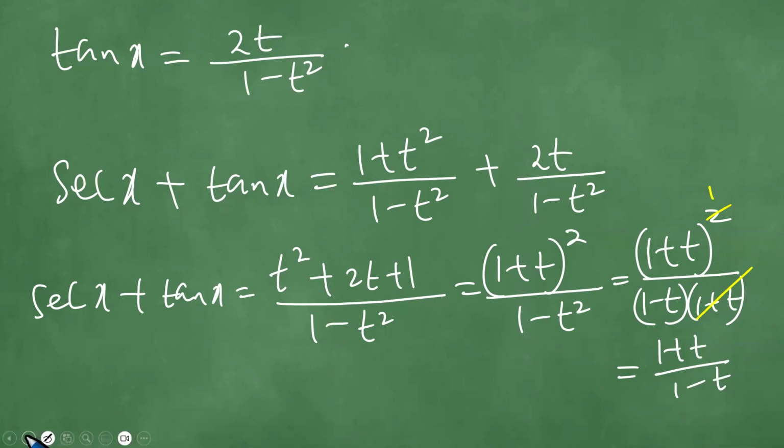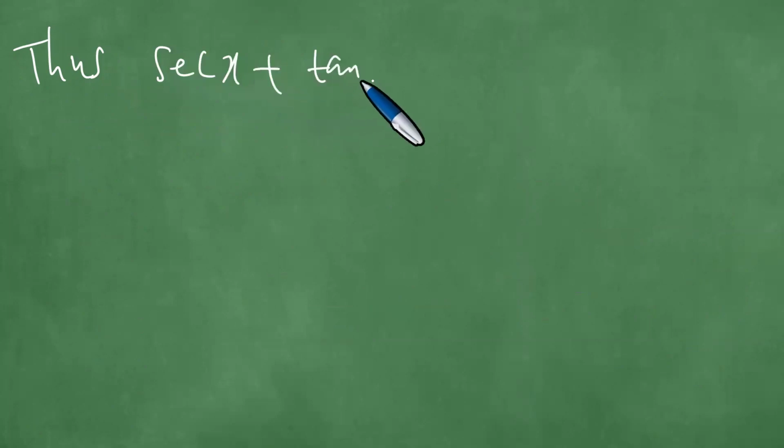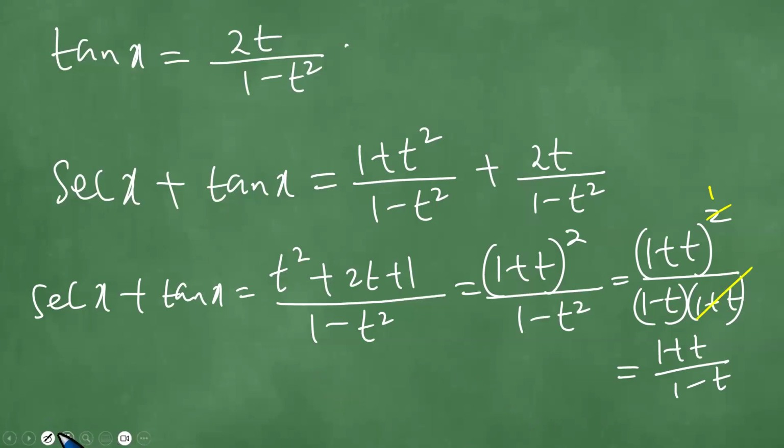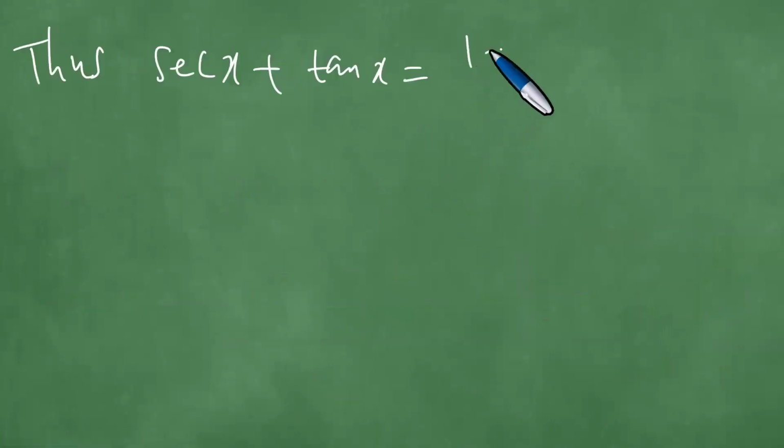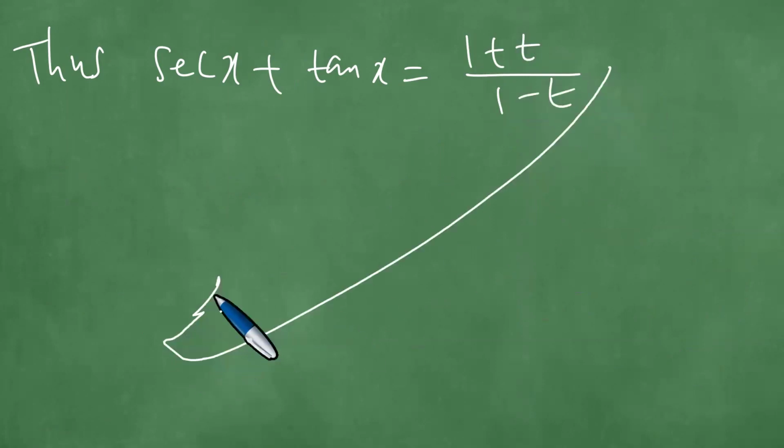In other words, we make the observation that the secant of x plus the tangent of x can be written in terms of t, and it is 1 plus t over 1 minus t. But then what do we do with all these things here?